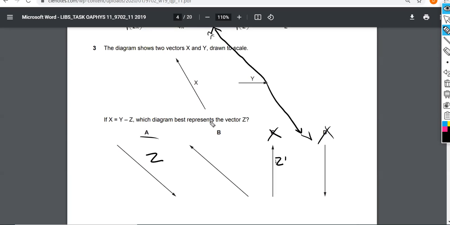And it's clearly longer than y, right? It is to scale. So y minus z, there's negative z. Y minus z would give us this difference, which is indeed that. So we can prove that it must be vector A. If you think through it carefully, you'll probably get the answer correct. But you have to know the rules.